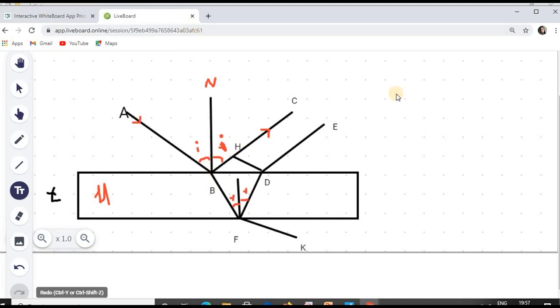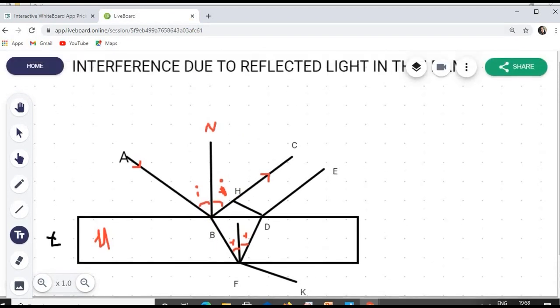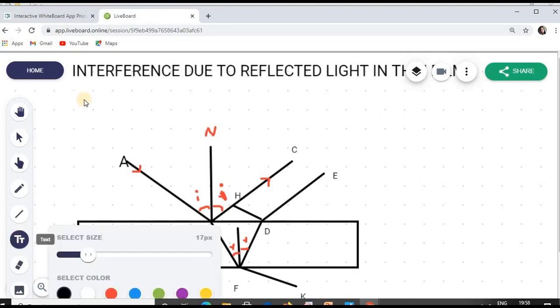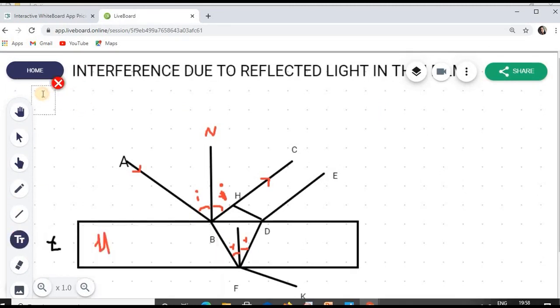I can write this as the geometrical path difference.